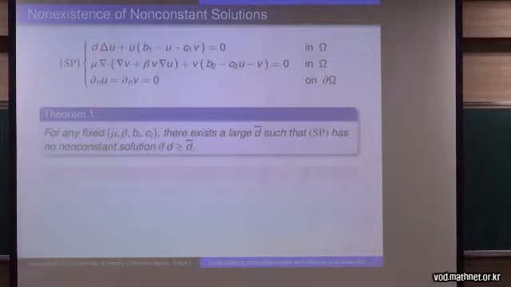So this Theorem 1 means large diffusion of the species u wipes any stationary non-constant solution out. Okay? So this Theorem 1 can be proved by the standard energy method and the L infinity a priori estimate, and moreover the Poincare-Wirtinger inequality. Okay? This is a standard approach. So I want to skip this proof.